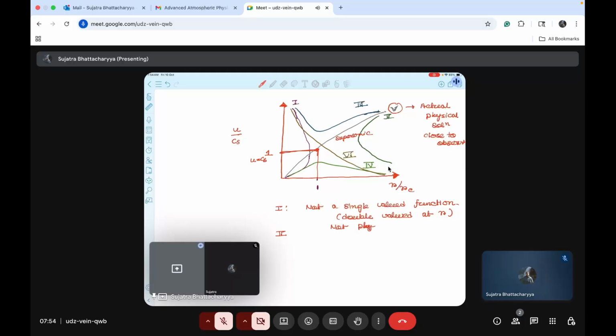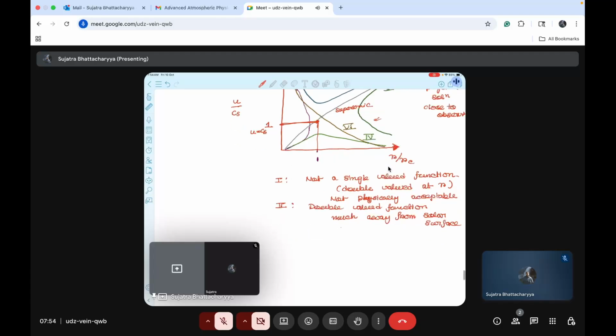What about two? This one is again a double valued function, and much farther away from the solar surface. So again not accepted.